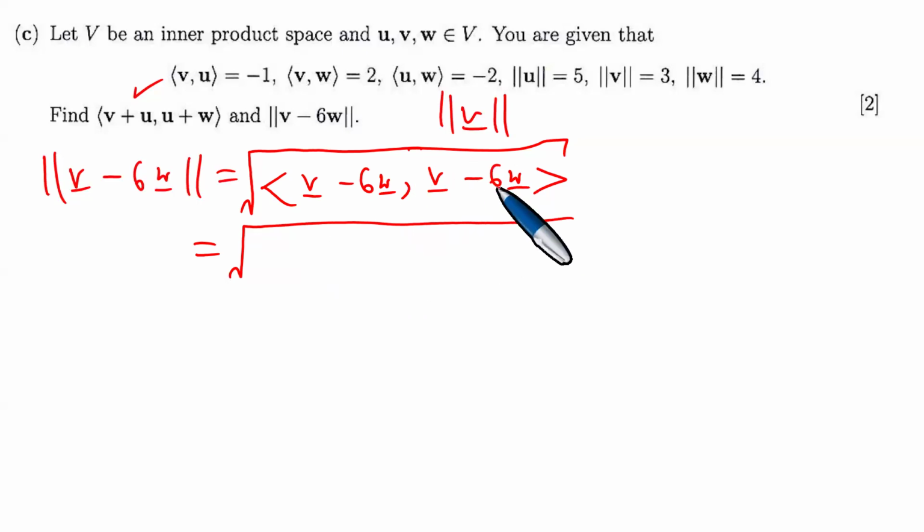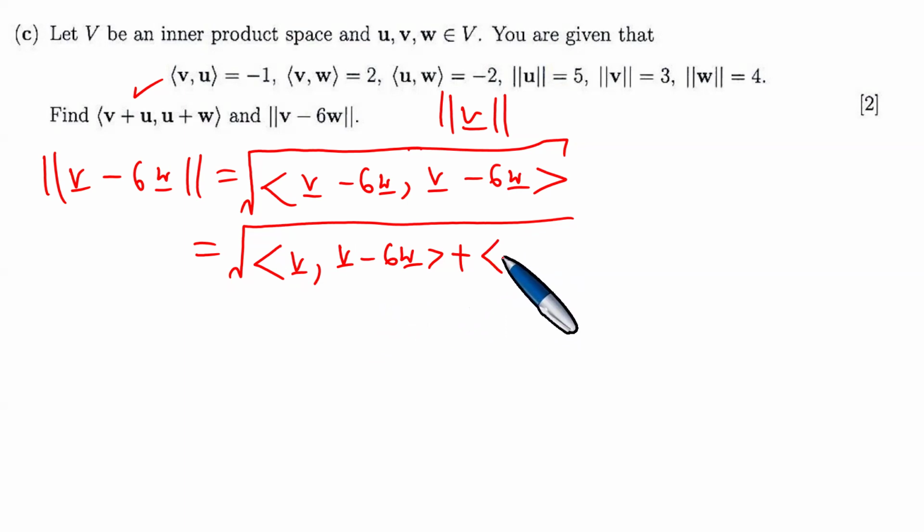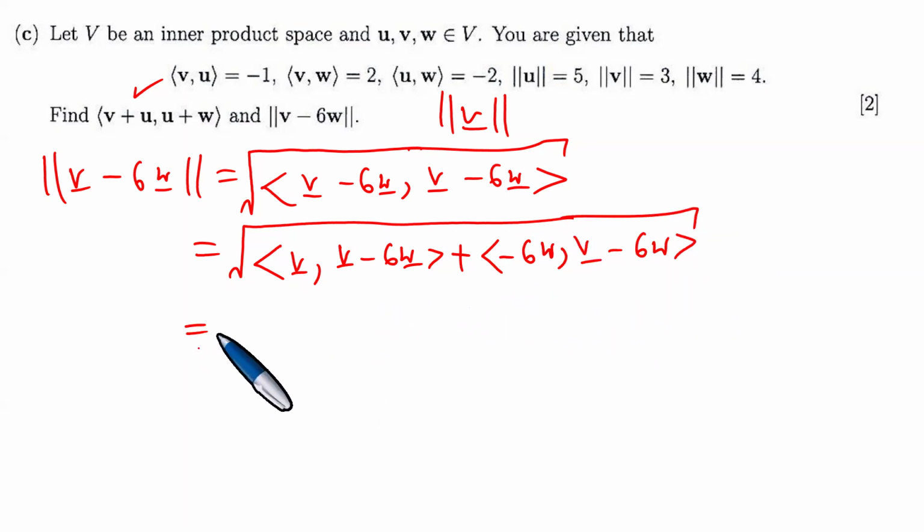You treat this one as one vector and then expand. So you have V minus 6W, you keep them, and then you can put a plus here. You can put minuses if you want. Then we have minus 6W, and then the V minus 6W, keep them.